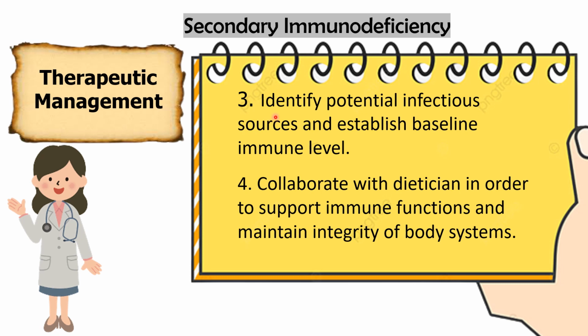So as a nurse, it is important to identify potential infection sources and stabilize baseline immune level. You have to collaborate with the dietitian in order to support immune functions and maintain integrity of body systems.